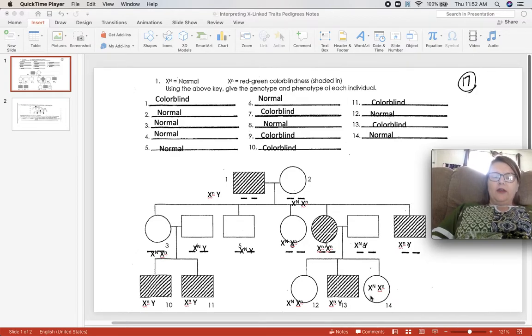This lady here, she is X capital N because she's not affected, but she also had to inherit an X from her colorblind mother, and so that's where I got the X lowercase n. So those were the genotypes here, and the phenotypes, the ones that are shaded in would be colorblind. So number 1, number 7, number 9, 10, and 11, and then number 13 would be colorblind.